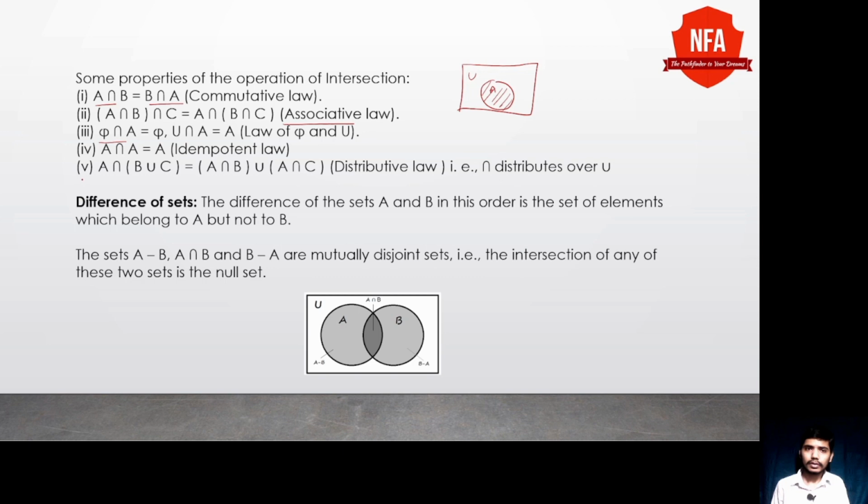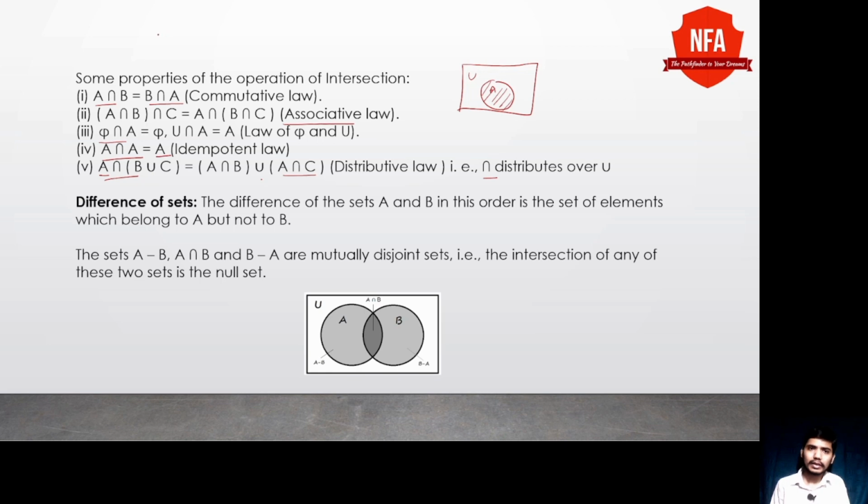And in this we have one more law, which is the distributive law. The intersection distributes over union, which says A intersection (B union C) equals (A intersection B) union (A intersection C). It is similar to what we do in multiplication and addition.